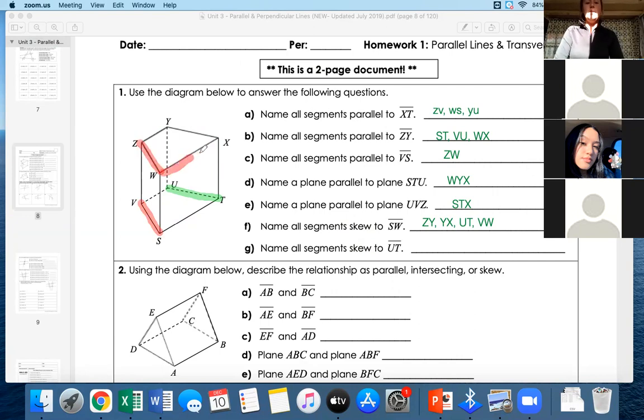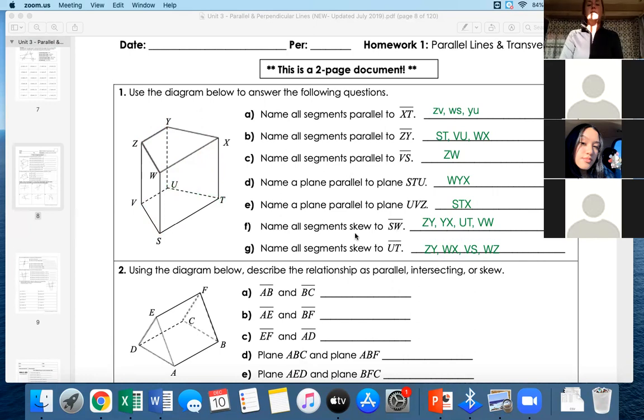We could say right here. Right here. So everything that I have highlighted is not touching that green line and it's not parallel to that green line. That's what we know is skew. Just like that, okay? So questions on this very first segment? You don't need to screenshot it yet because we'll do the other one first.